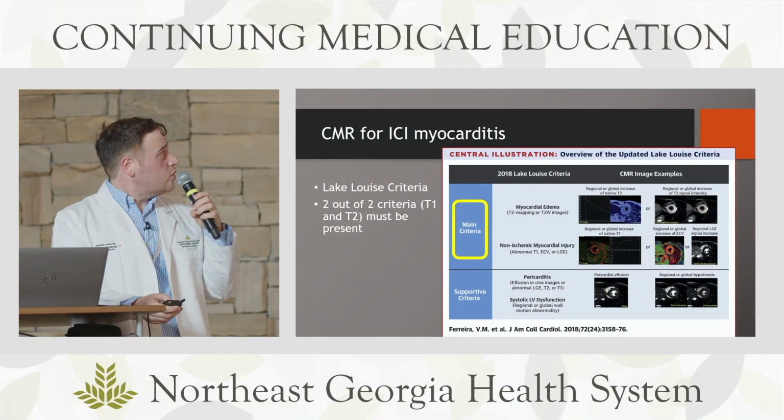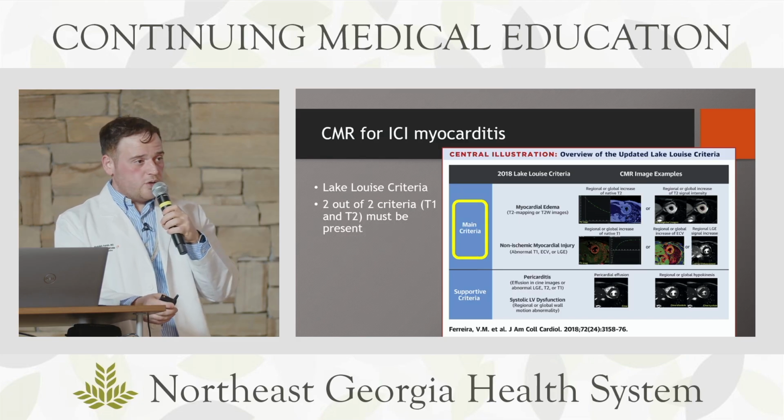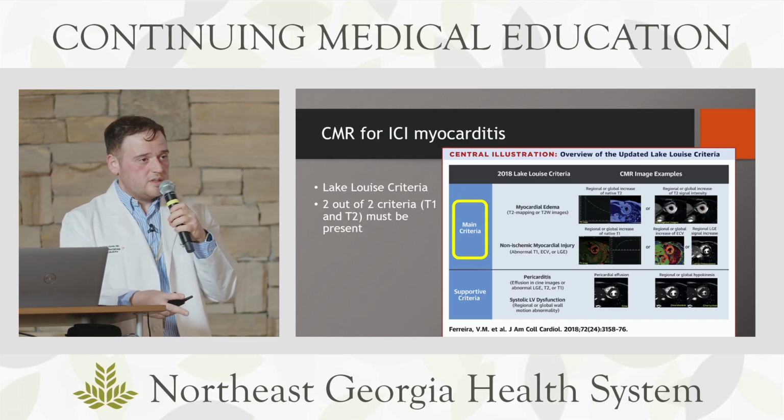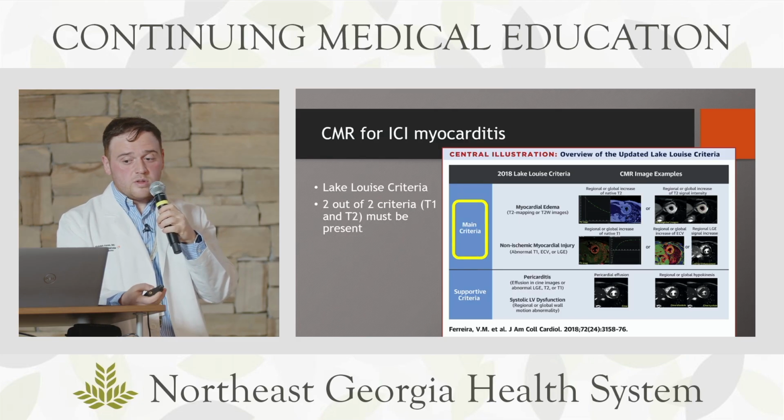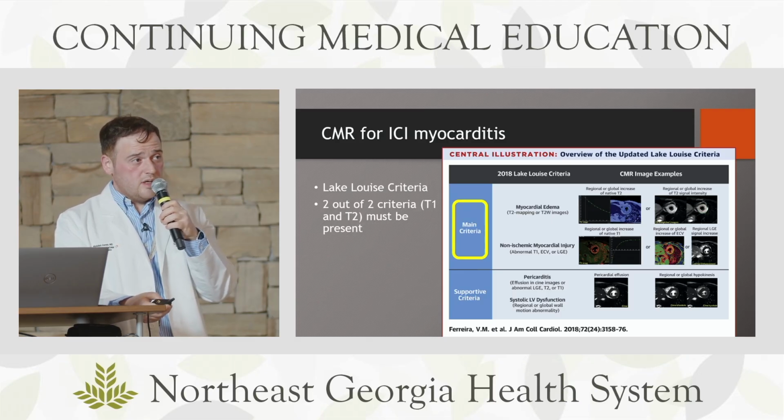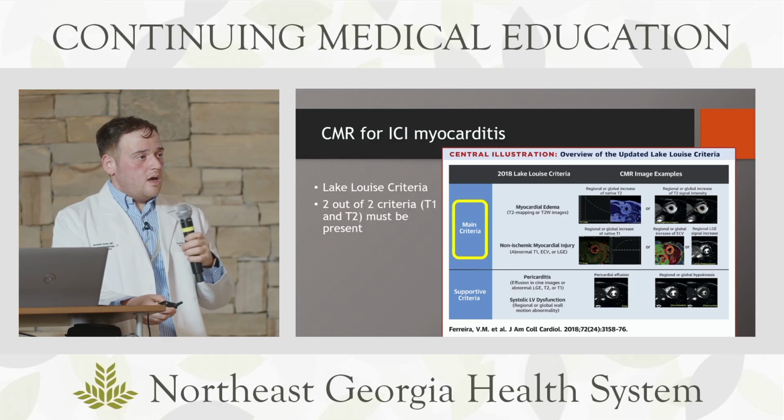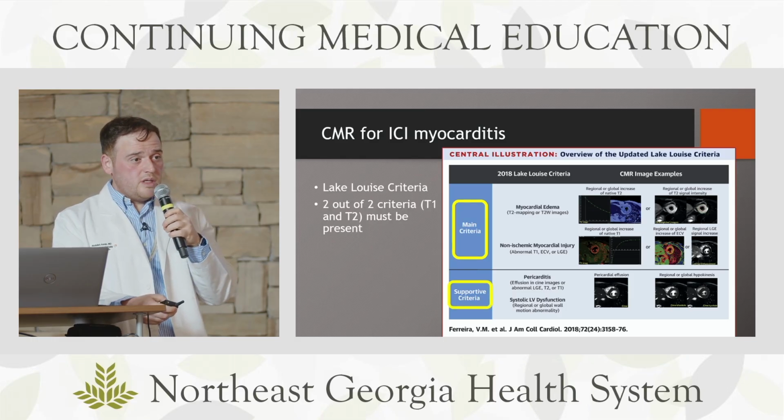And then T2 mapping will look at your myocardial edema. And once patients satisfy both criteria, then that would qualify them for the diagnosis of immune checkpoint inhibitor myocarditis. Other supportive criteria would be to look at pericarditis or if there's any pericardial fluid. And then an added bonus point would be if there's any systolic LV dysfunction.